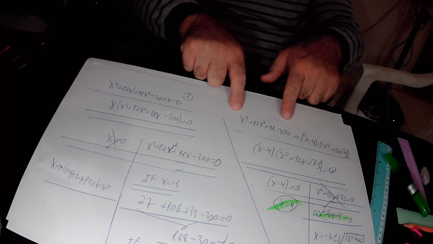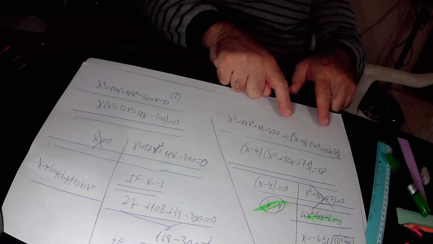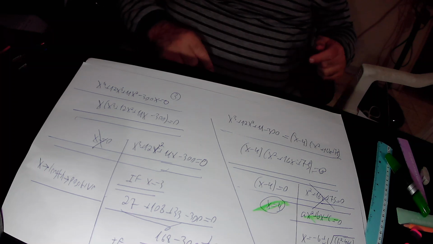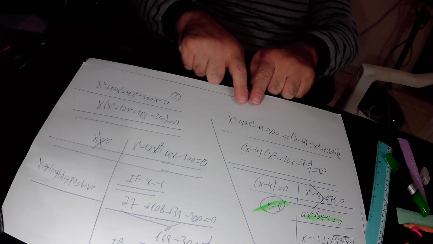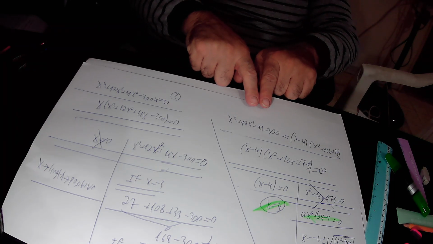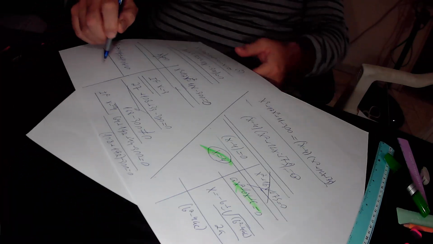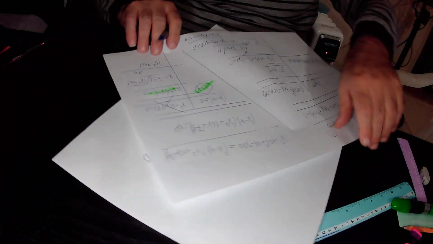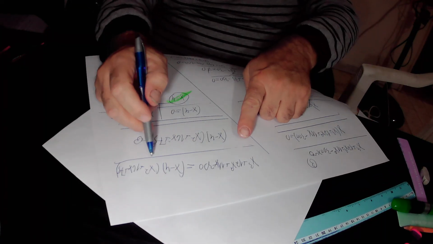This expression in total equals x minus 4 times x squared plus 16x plus 75. Actually, if we open the brackets of this expression, we get x cubed plus 12x squared plus 11x minus 300. You can check it by yourself. Those two expressions are identical.